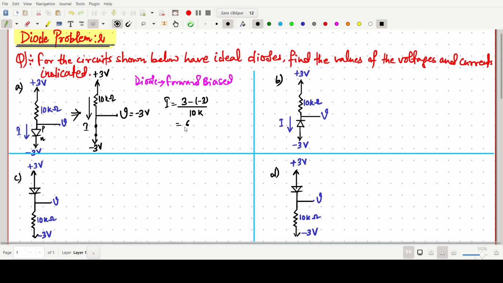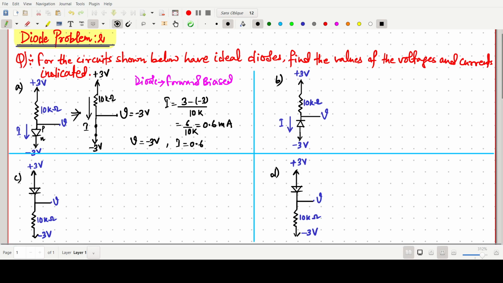It should be 6 by 10, okay. It means it is simply our 0.6, and this one is K, so it should be milliampere, okay. So here we can simply say the V value will be minus 3 volt and the I value will be 0.6 milliampere. So this one is the answer for the first part.